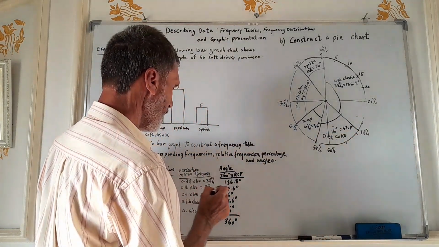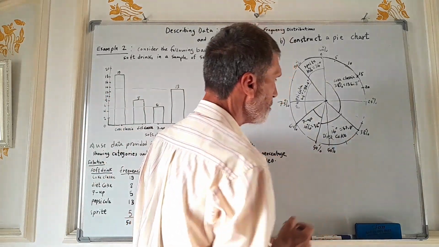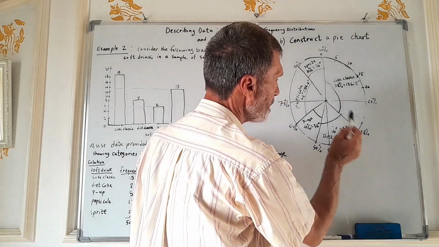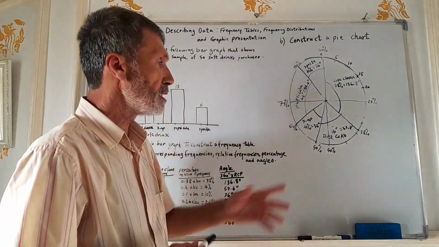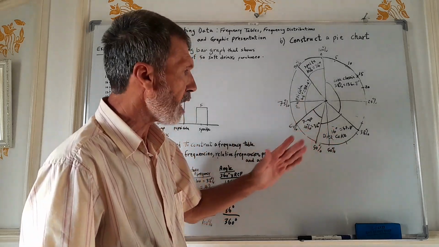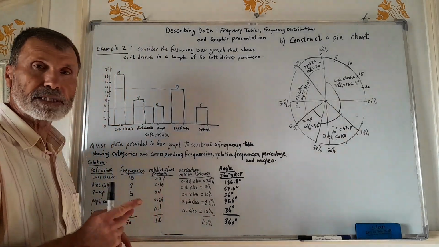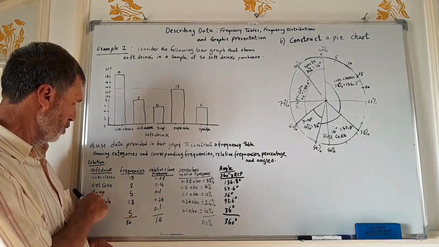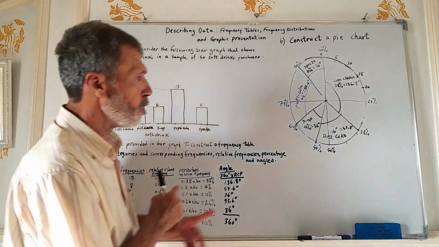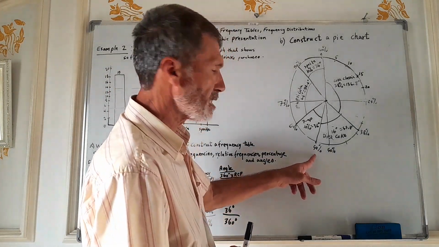16% is equivalent to 57.6 degrees. So 16% is the same as 57.6 degrees. Now, this is the second slice of the circle, which is related to Diet Coke. Now we need to draw the third slice that is related to 7-Up. So we add 10% to 54%, which is 64%.